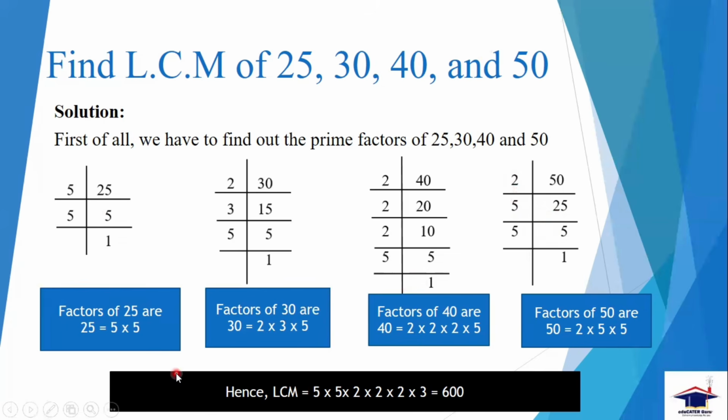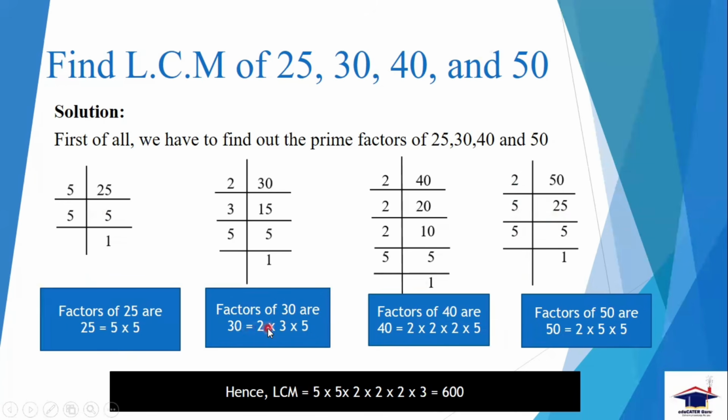So now the LCM: 5 has been repeated in every number. The maximum number of times it has repeated is 2. So 5 into 5. Then 3 has repeated only once in the number 30, so you have to consider it only one time.